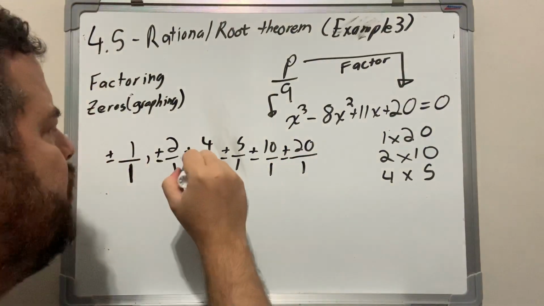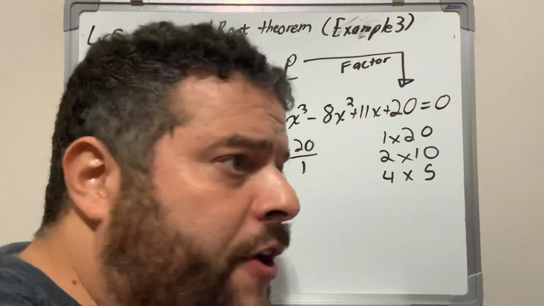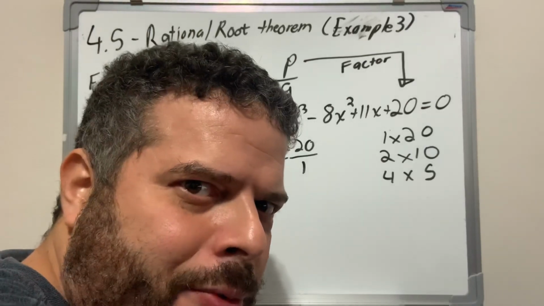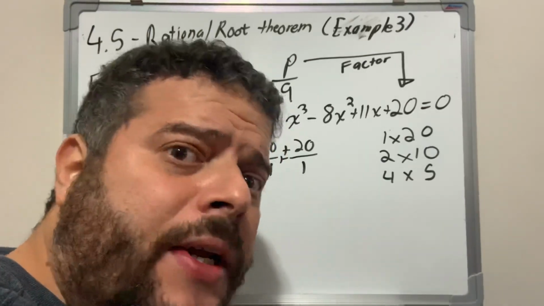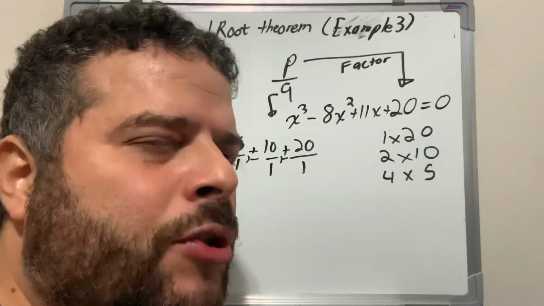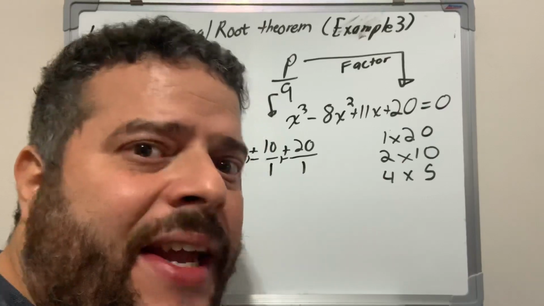Again, these are all possible solutions. They are not all solutions. They are the possible solutions. So how do I begin working? You always select the easiest value to work with, which is usually either 1 or negative 1.